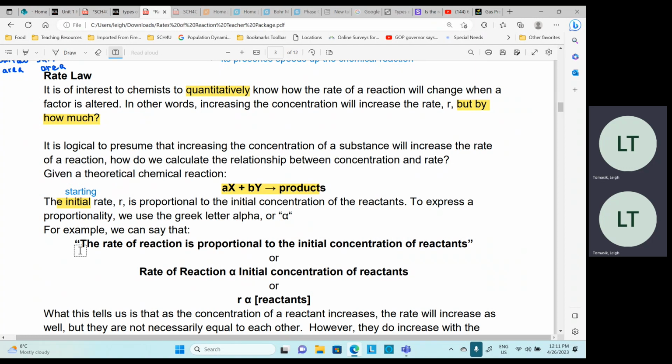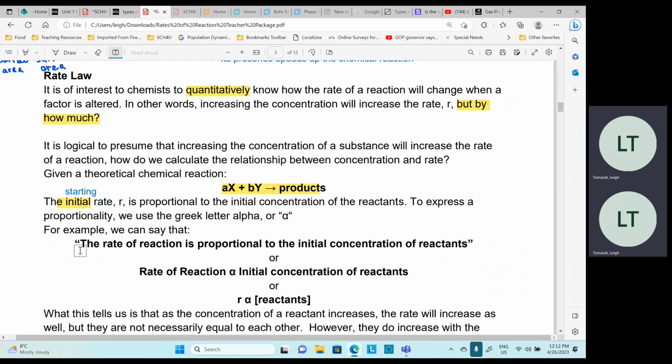So the rate of a chemical reaction will change over time. As reactants become products, their concentration, the amount of reactant molecules that are left to smack into each other, is going to decrease, right? So reactions don't happen at a steady rate. They start very quickly and then they slow down over time.